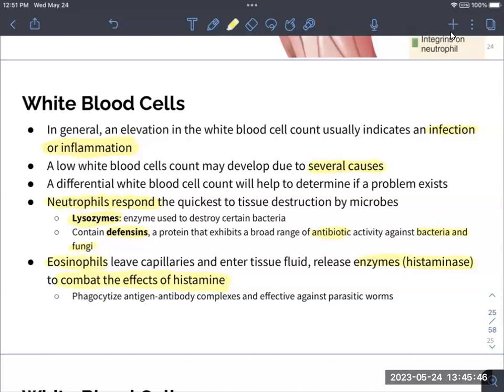Eosinophils' job is to fight that so we don't get those effects of histamine. They can also fight against different parasitic worms that may have gotten into our system. They try to fight those off.